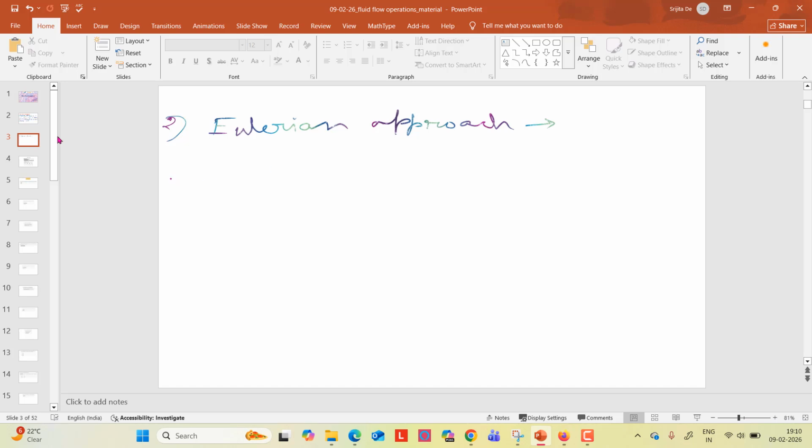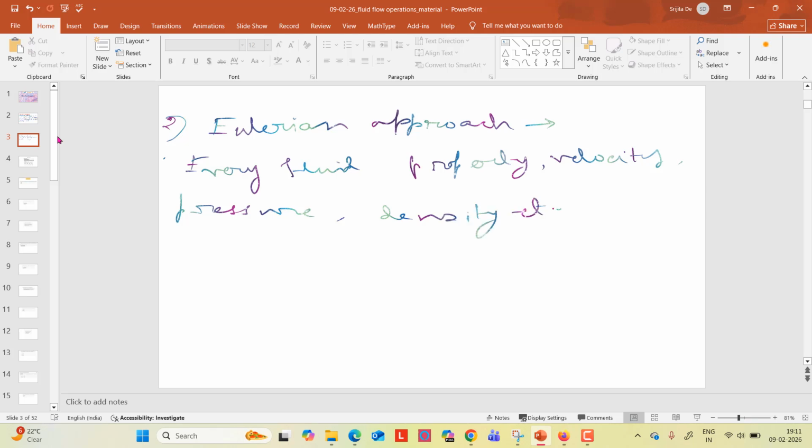It means that every fluid property, like your velocity, pressure, density, viscosity, etc., can be expressed in the form of a fluid field.